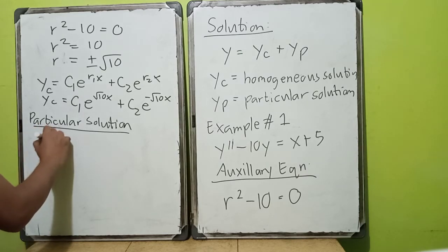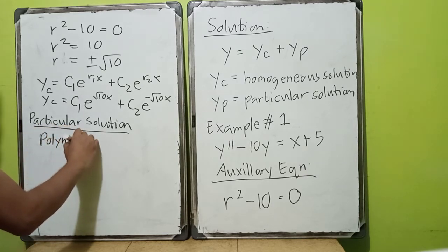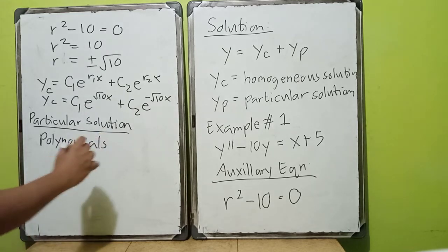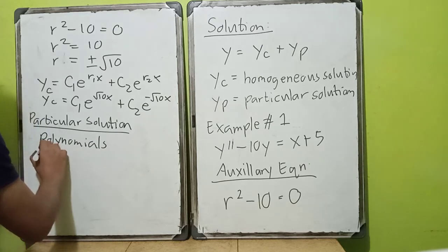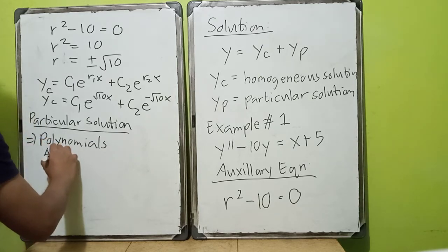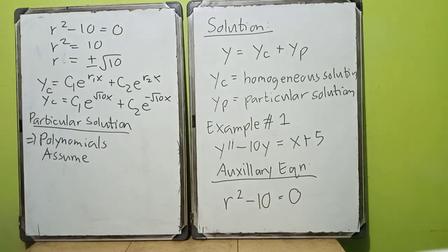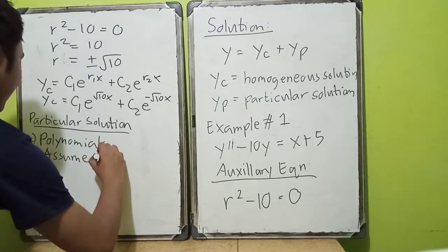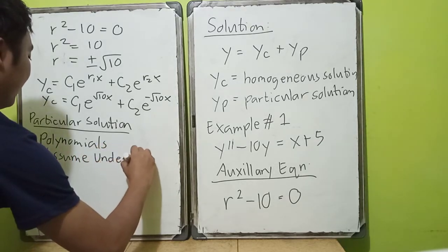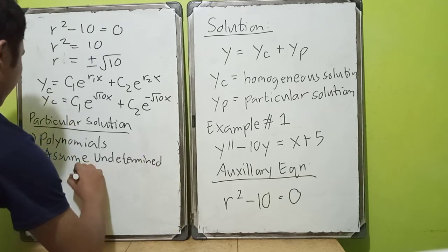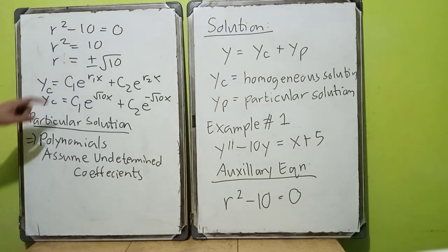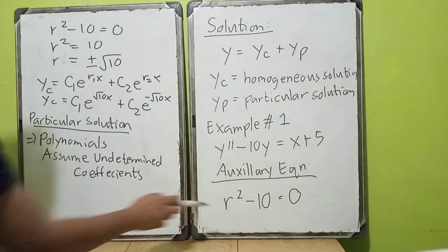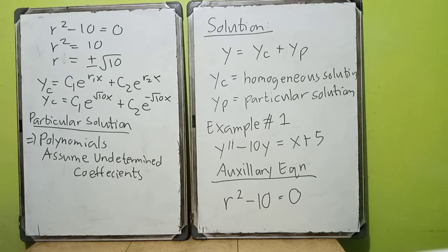For polynomials, what we do is assume undetermined coefficients. So, ano 'tong undetermined coefficients natin? So we take a look upon the equation. So we have r squared minus 10.